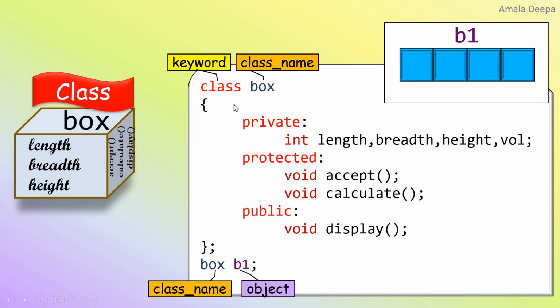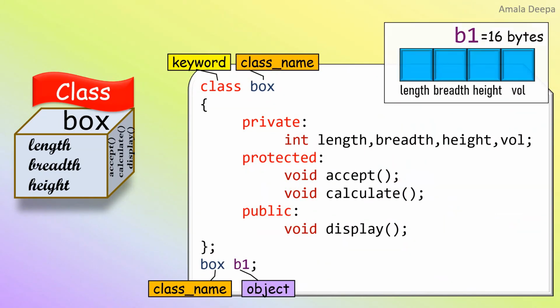The data members of this class box are length, breadth, height, and wall. So the object b1 also has memory allocation for the data members length, breadth, height, and wall. Since each of these data members are of int type, each of them are allocated 4 bytes of memory. So the total memory allocation for the object b1 is 16 bytes.